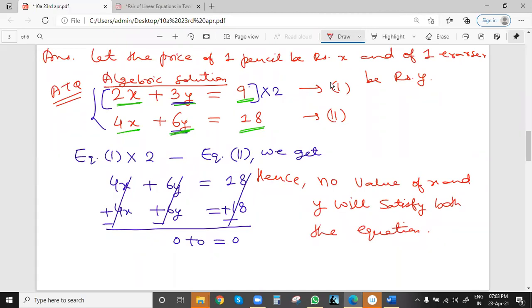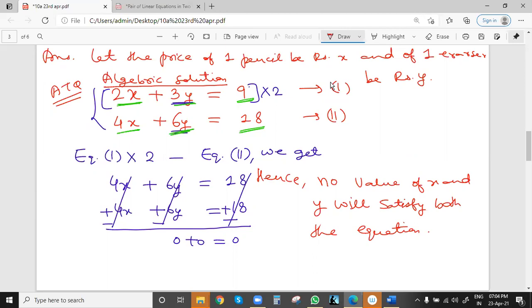No value of x and y will satisfy both the equations. So we can say no solution.